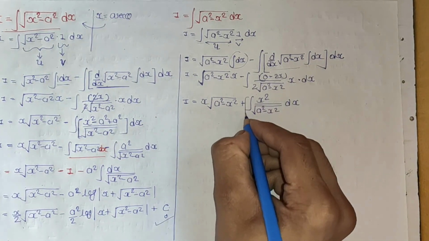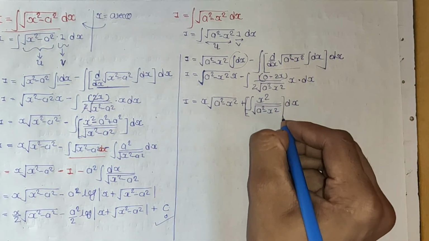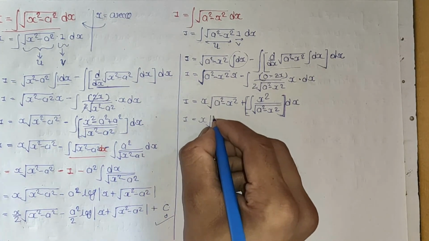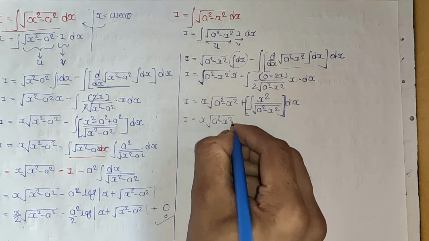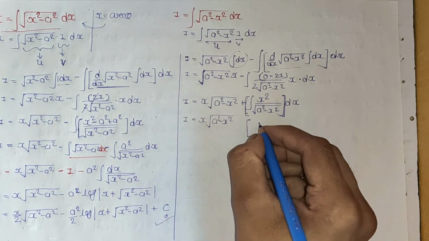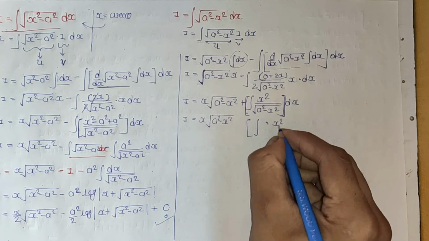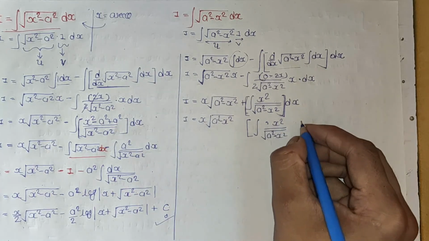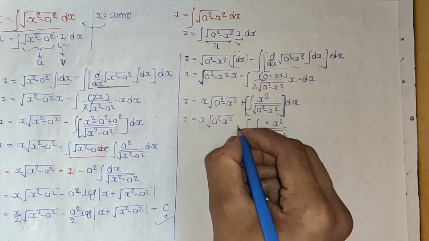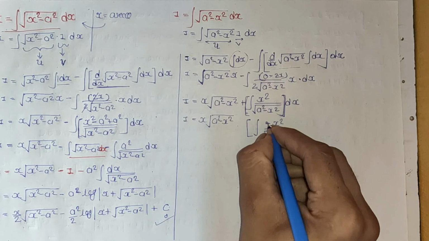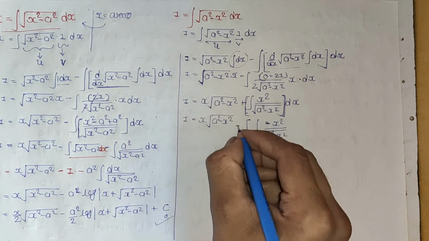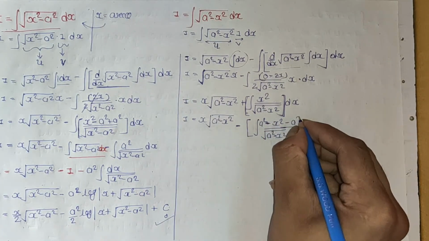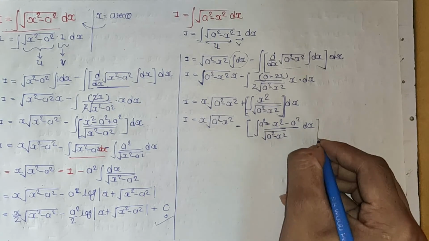Okay, here I use bracket. Now I equals x square root of a square minus x square, here bracket, integration x square divided by square root of a square minus x square. Now I use here plus. If I put minus, then I must have put here minus. Here a square add, and here minus a square dx. Understand?